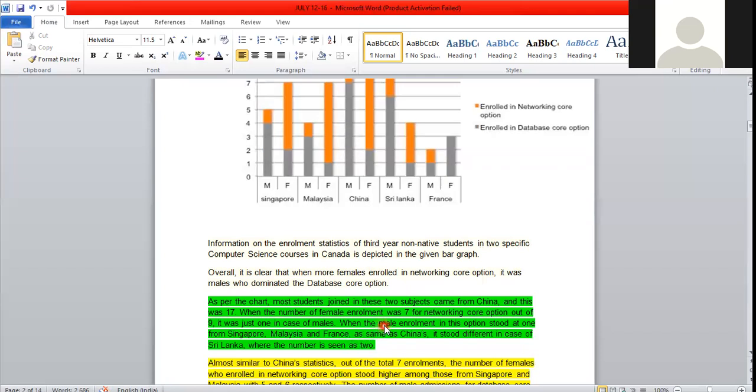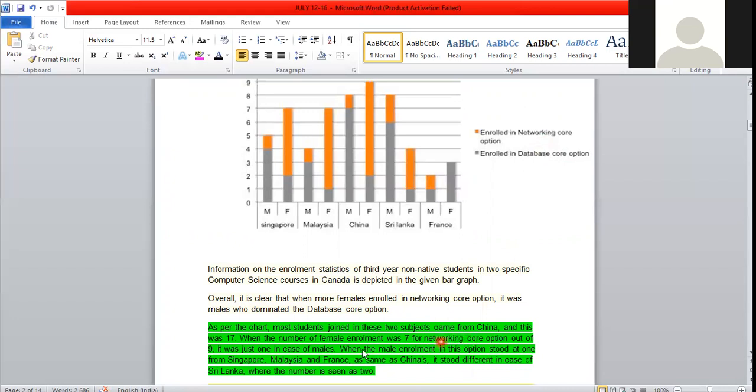When the male enrollment in the networking core option stood at 1 from Singapore, Malaysia, and France. Singapore, Malaysia, and France, you have male enrollment of 1 for networking core option. 1, 2, 3, 4, these are the things.